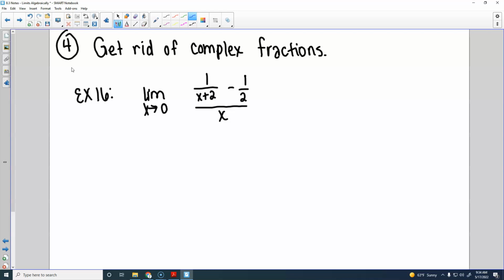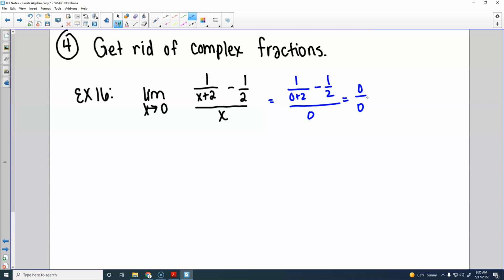So, if I were to plug in 0 here, I would get 1 over 0 plus 2 minus 1/2 over 0. And that's going to be 1/2 minus 1/2, 0 over 0. So, direct substitution fails. We have to try something else. So, here what we want to do is we do not want to have a complex fraction.